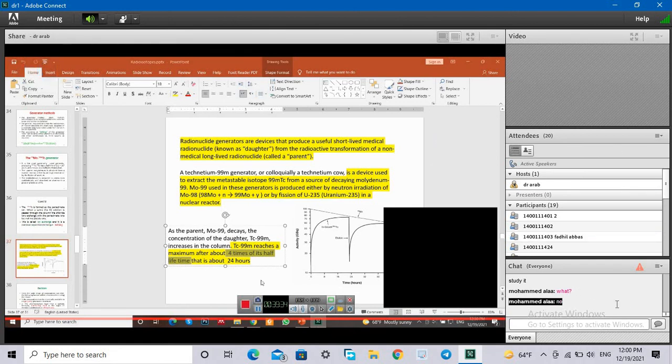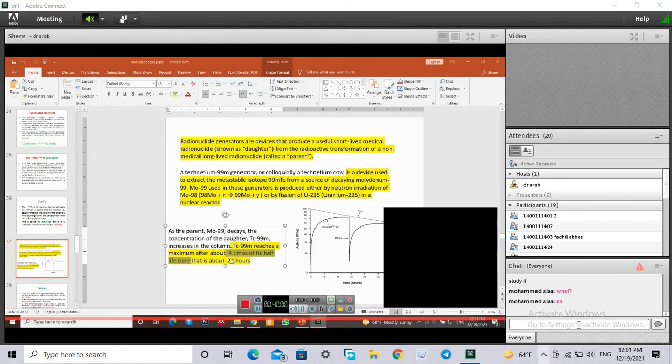As this slide says, it is about 4 times its half-life to reach the maximum amount of the daughter.